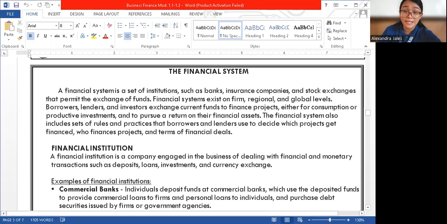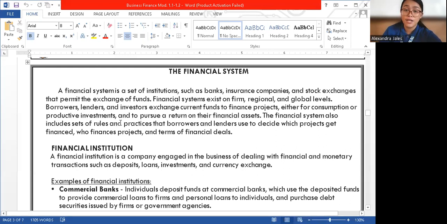So when we say financial system, what is it? It is a set of institutions such as banks, insurance companies, and stock exchanges that permit the exchange of funds. The financial system exists on firm, regional, and global levels.